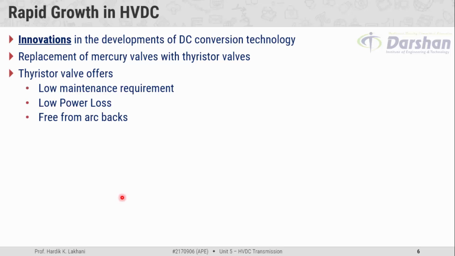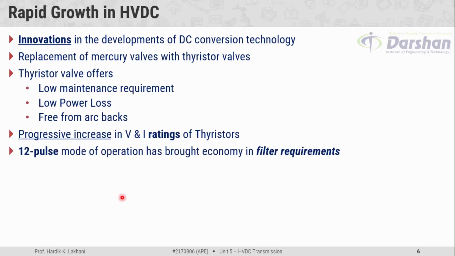Mercury valves were not as safe as thyristor valves are, because during the rectification process the mercury valves were producing arc backs, but in the case of thyristor valves there is no such case. Progressive increase in the voltage and current ratings of thyristors is one of the key reasons. Because of that we can say that HVDC technology is growing very rapidly.